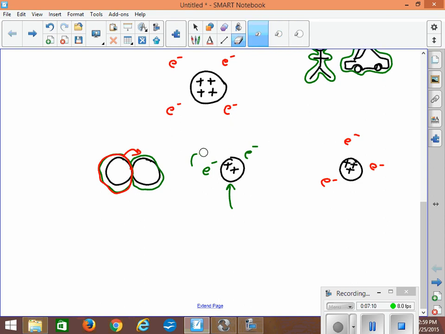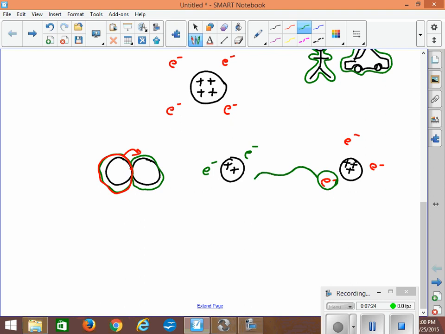But if this atom right here happens to get close to this other atom that I've drawn, then it's their electrons that bump into each other. And it's possible that one of the electrons, maybe this red one right here, would get bumped over here and would join up with this guy. And that would leave a messed up picture.